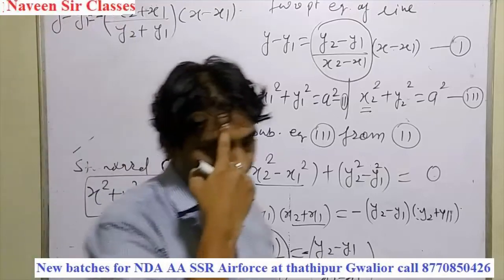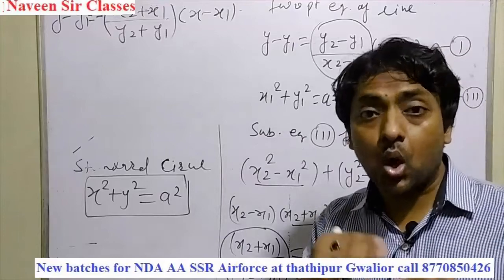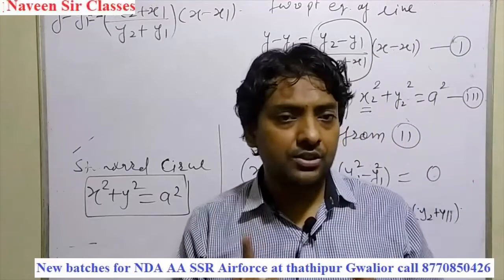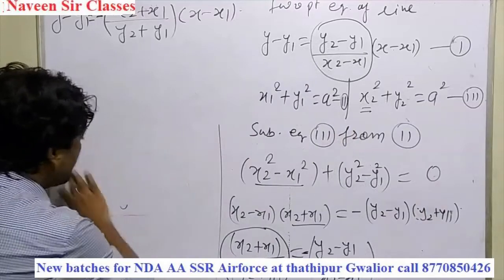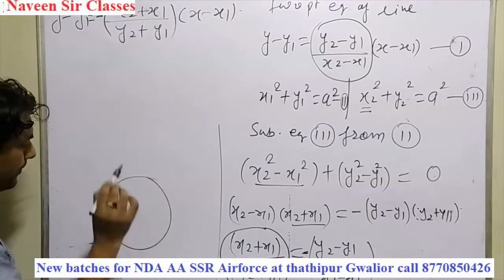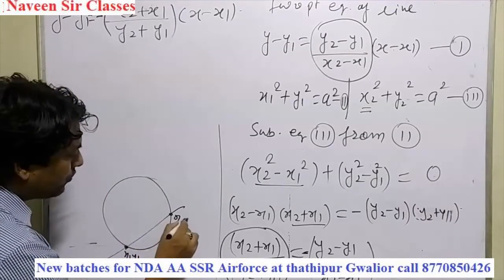So now the point is, as our chord x1 y1 x2 y2, which one is a chord? This one is our chord x1 y1 and x2 y2.